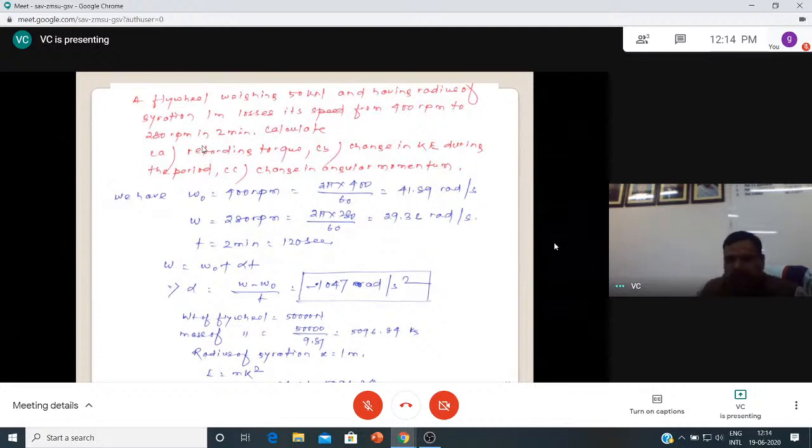Calculate the retarding torque, the change in kinetic energy during the period, and the change in angular momentum. All three we can obtain when the body is in rotation.